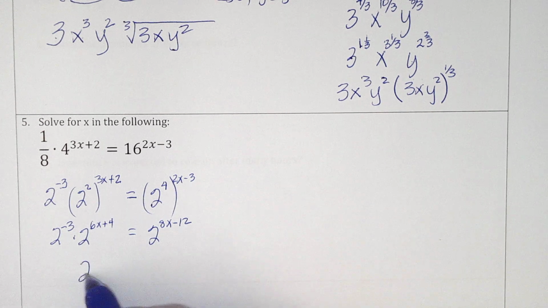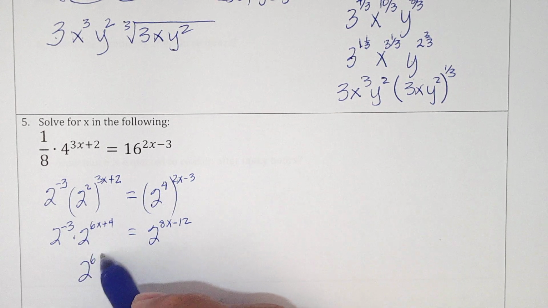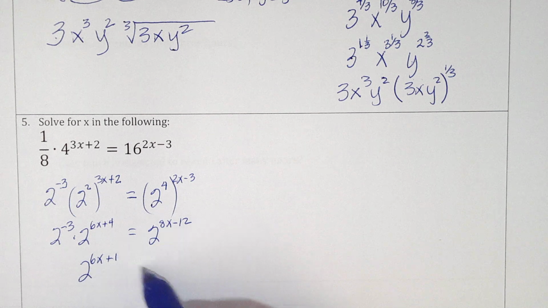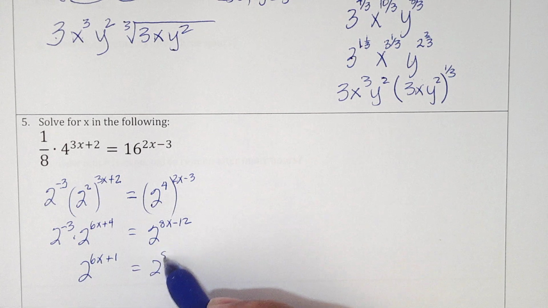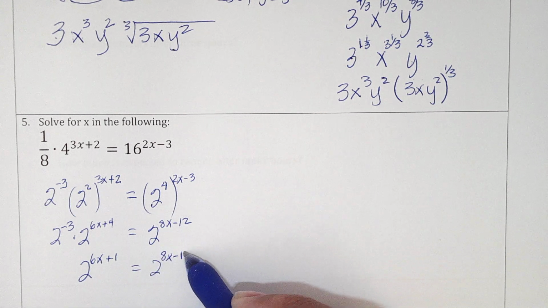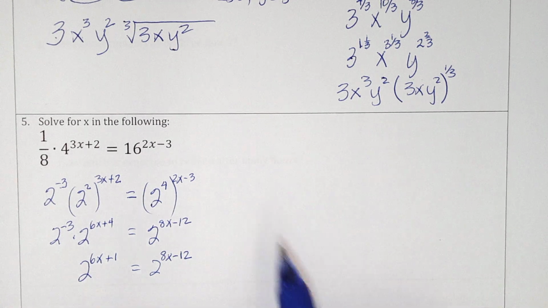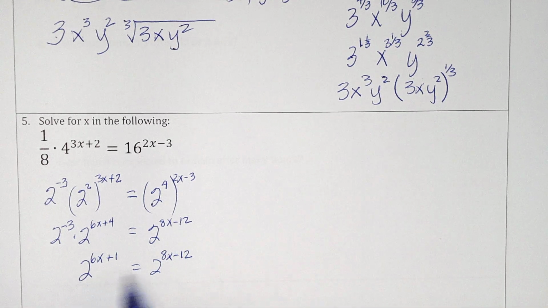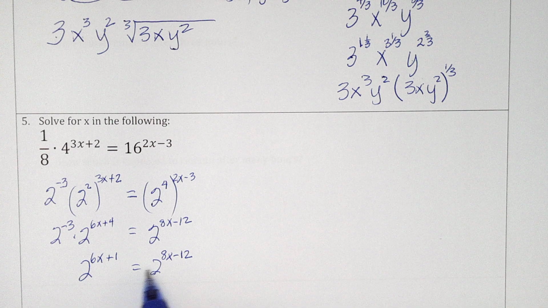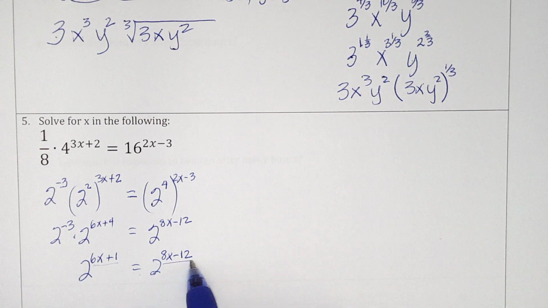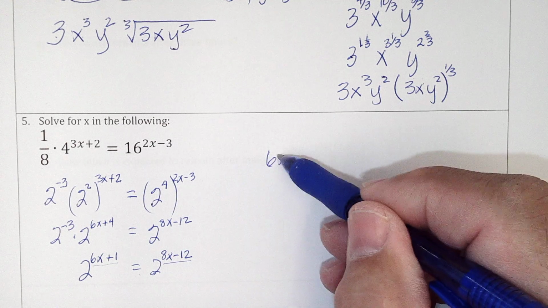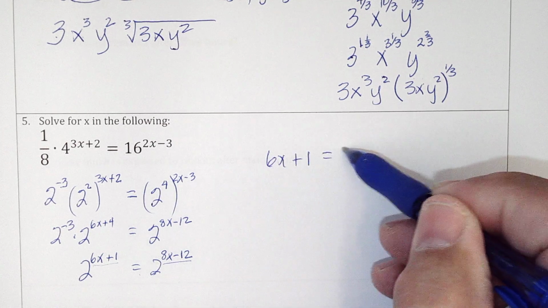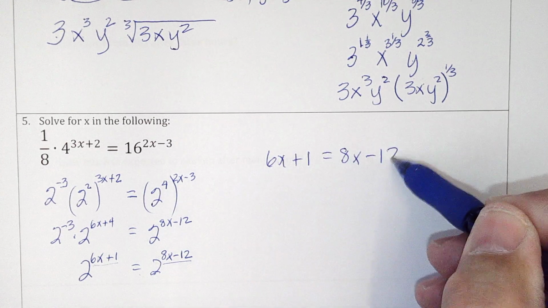So we got 2 to the 6x plus 1. And so now that I got a single base and a single base, they're both the same, and they're equal, so the powers must be the same. So I got 6x plus 1 has to equal 8x minus 12.